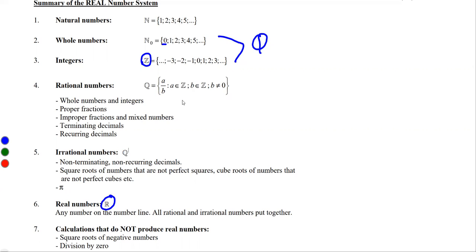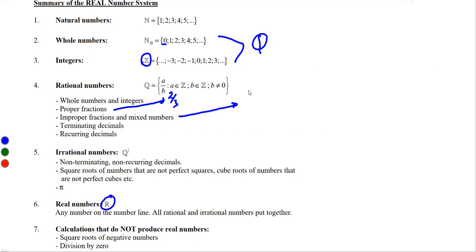Proper fractions are, let's say, 2 over 4, which we can simplify, or 2 over 3. When you're talking of an improper fraction, a bigger number is on top, so a smaller number is carrying a bigger number.